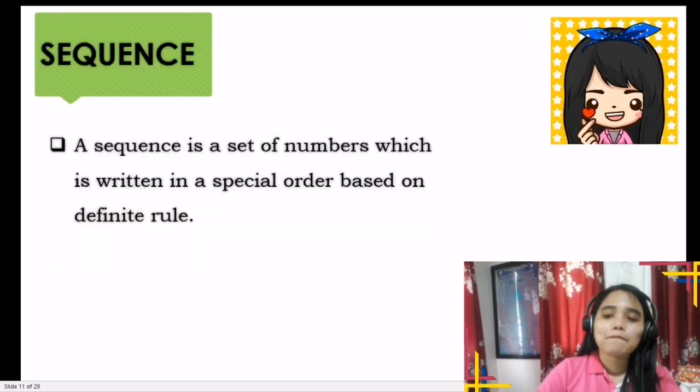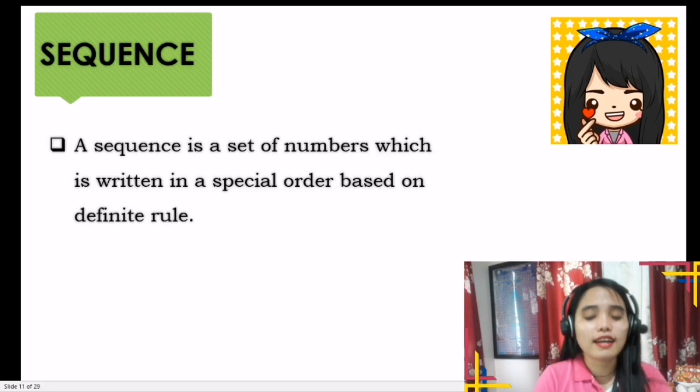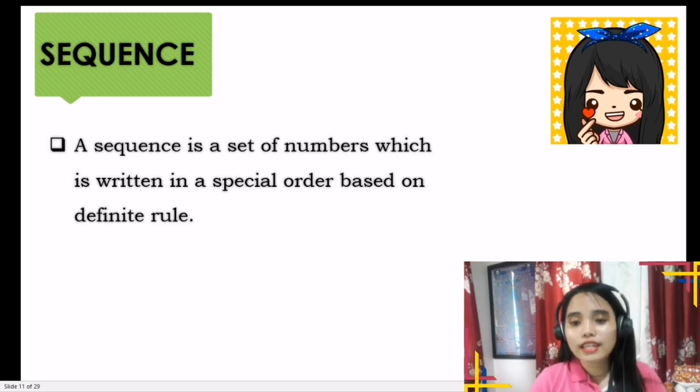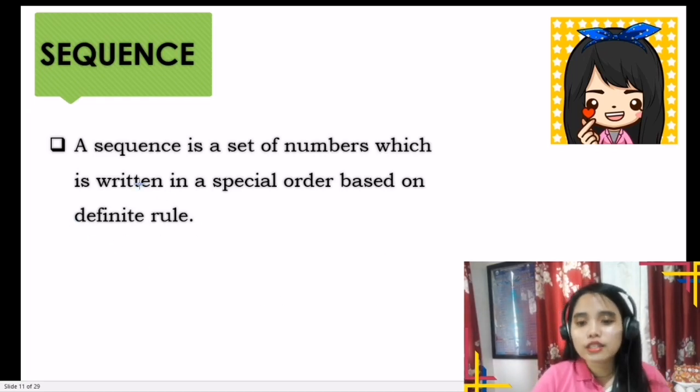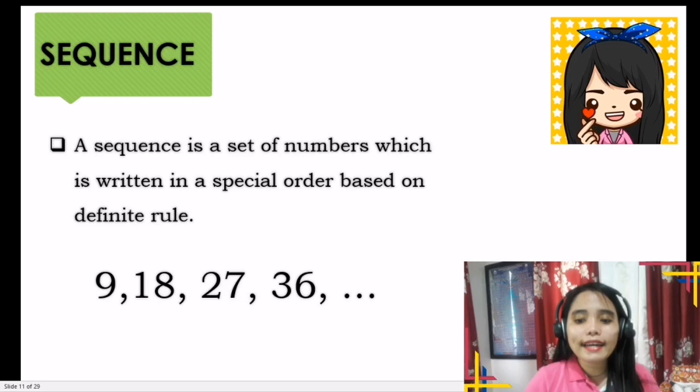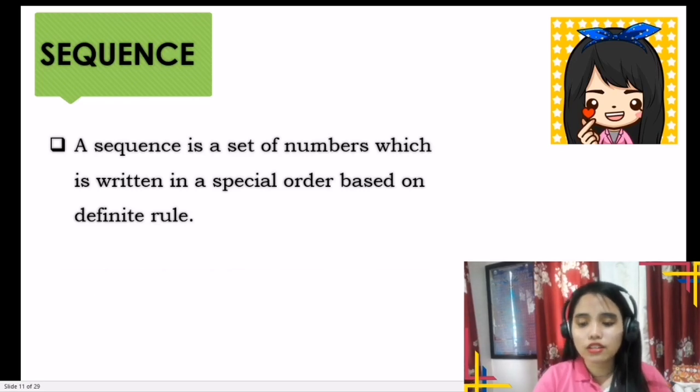So, before discussing the data, let's first define sequence. A sequence is a set of numbers which is written in a special order based on a definite rule. So, we always have a rule if we are talking about a sequence. Let's have this example, the data from earlier: 9, 18, 27, and 36.